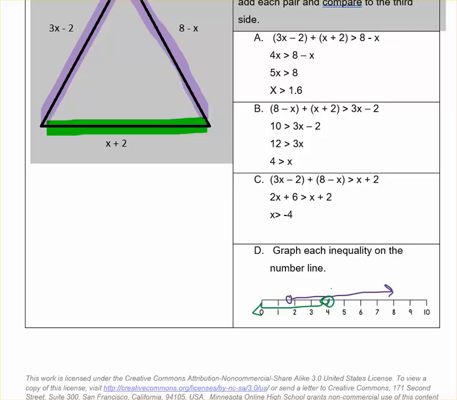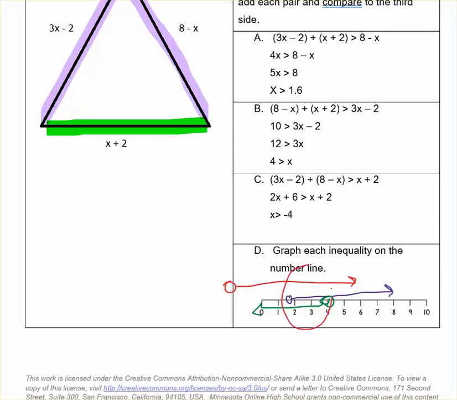And finally, my last one is x is greater than negative 4. Negative 4 would be somewhere off of my graph. But the key thing is all three of these need to be true, so we can tell that it's this interval here. So my lower boundary was 1.6, so 1.6 is less than x, but x has to be less than 4.